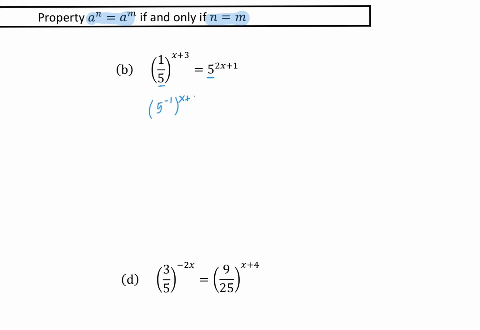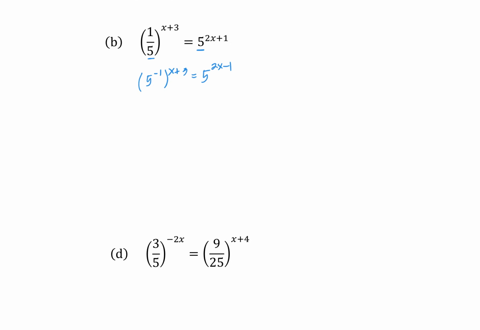And then the x plus 3 exponent is still on the outside. So that helped me a little bit. But now I have that -1 inside the parentheses that I want to get rid of. However, this is simply multiplying exponents. So if I multiply the -1 times the x plus 3, this becomes -x minus 3.